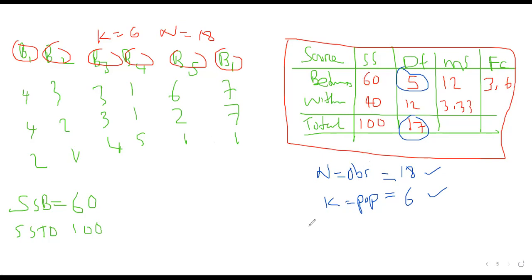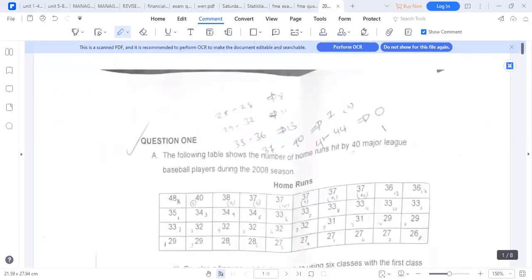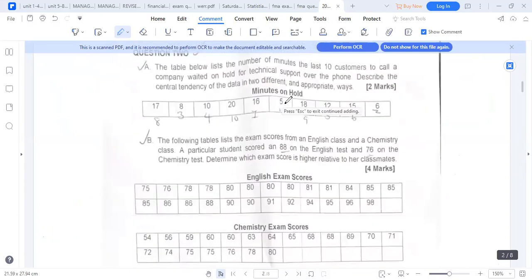Sorry, Mr. Collins. Which year was that paper? November 2022. I think this is May. There are 2 papers every year, November and May. This should be May, because in November there isn't that question.